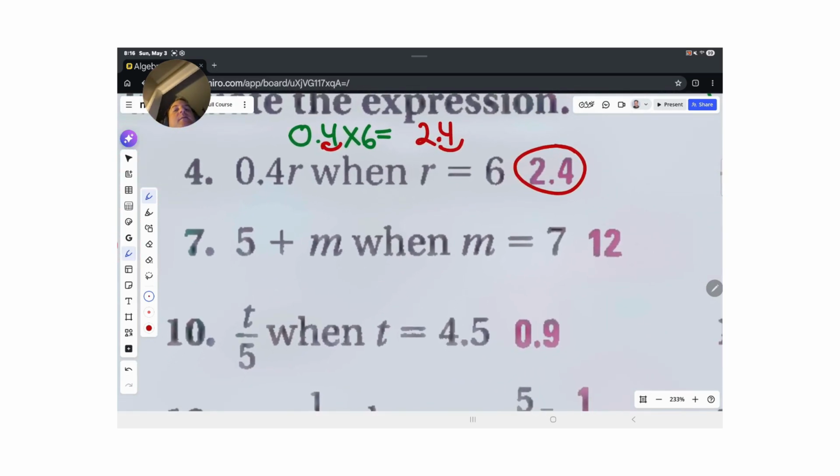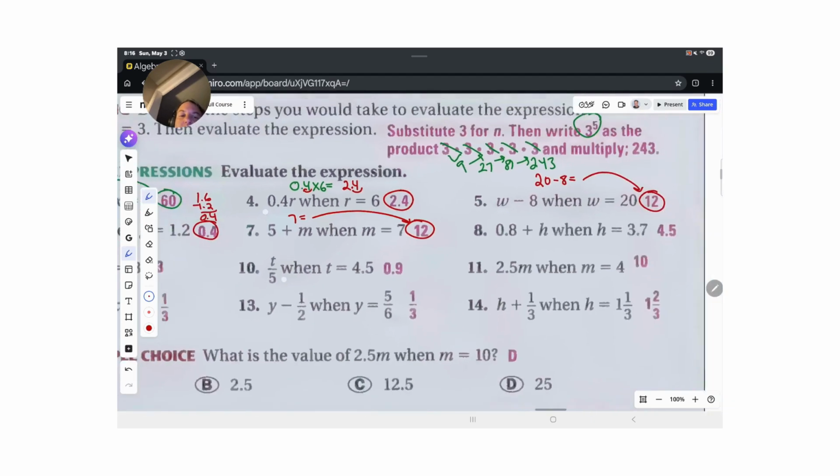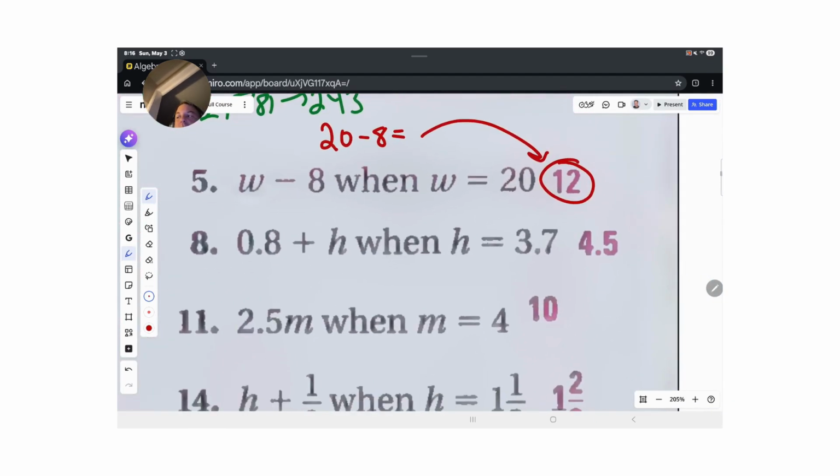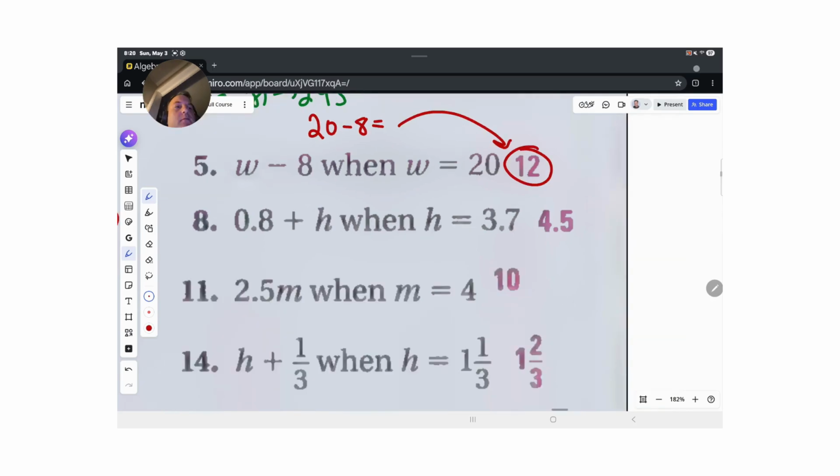7, 5 plus m when m is equal to 7. Let's substitute 5 plus 7. That gets us to 12. Let's try number 8. Number 8 says 0.8 plus h when h is equal to 3.7.